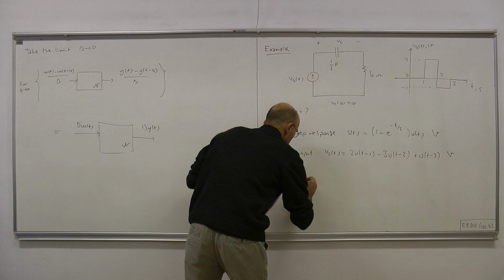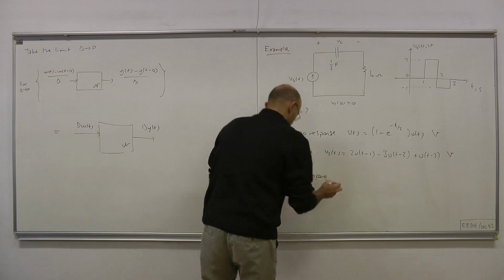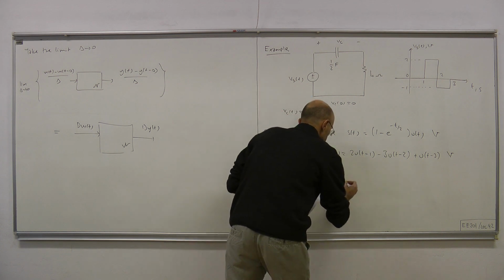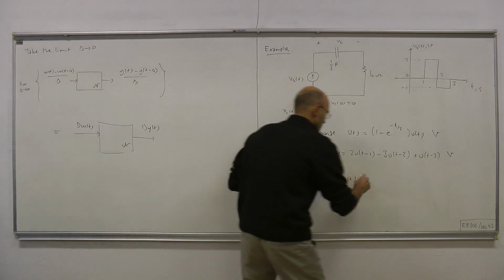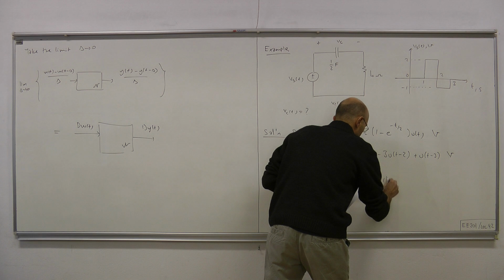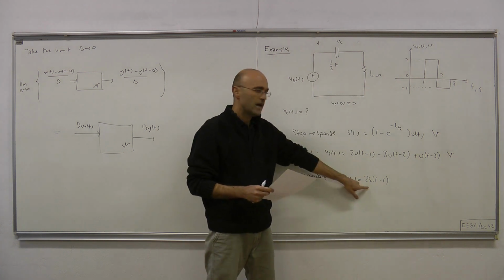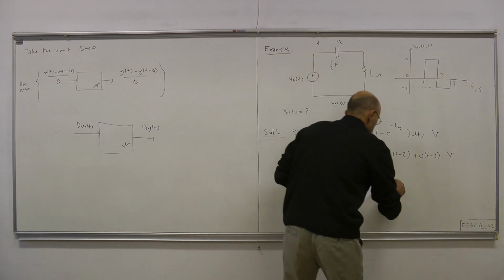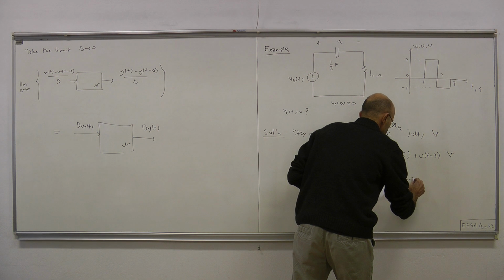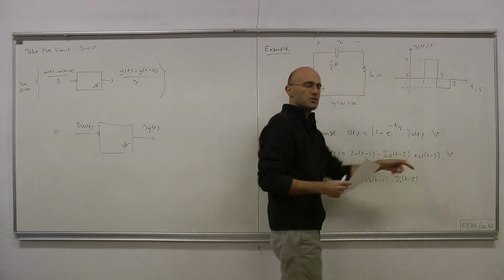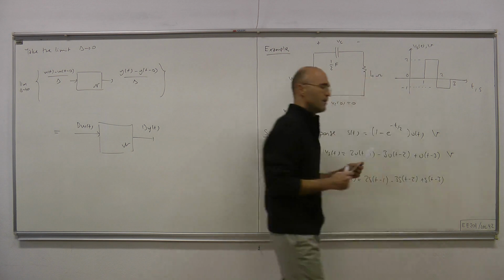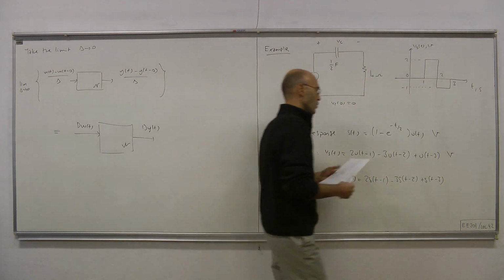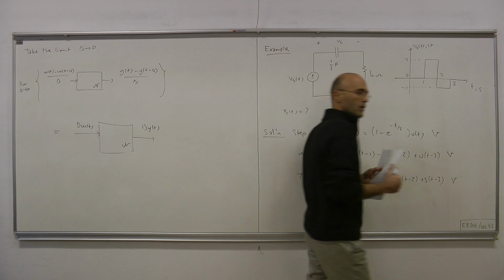Okay, therefore the response VC(t) must be equal, very straightforwardly, to S(t minus 1) minus 3S(t minus 2) plus S(t minus 3). Okay.